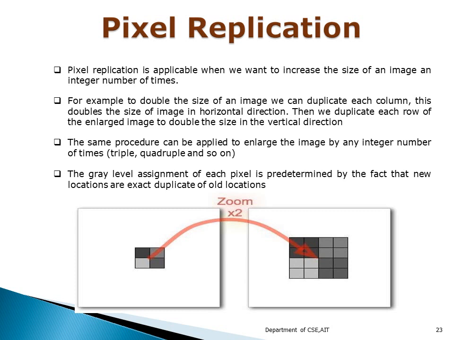So when you go for increasing the number of pixels over here, what happens to the color? The color, the gray level assignment, is determined by what was the gray level in the previous old location. So the new locations will be the exact duplicate of the old location.